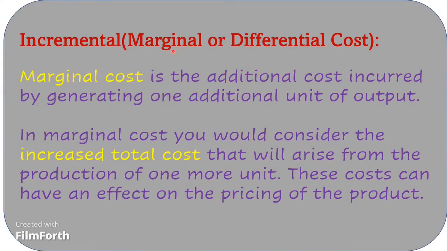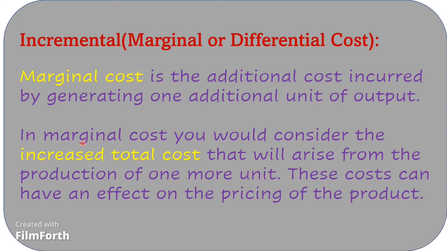We have to be very clear about incremental, marginal or the differential cost, what it means. Marginal cost is the additional cost incurred by generating one additional unit of output. Now, in marginal cost, you would consider the increased total cost that will arise from the production of one more unit.